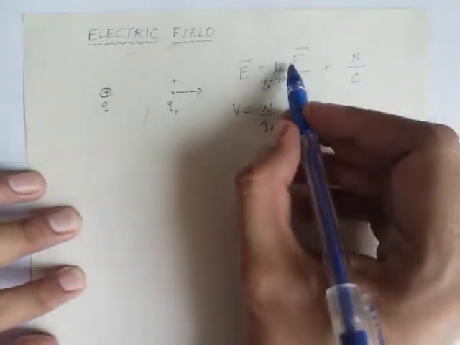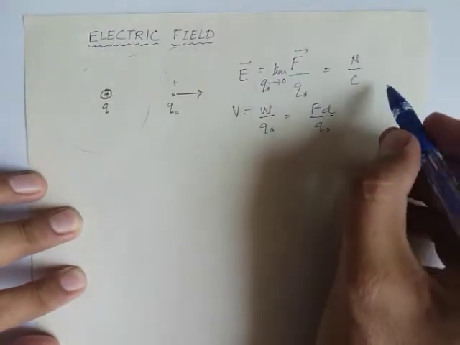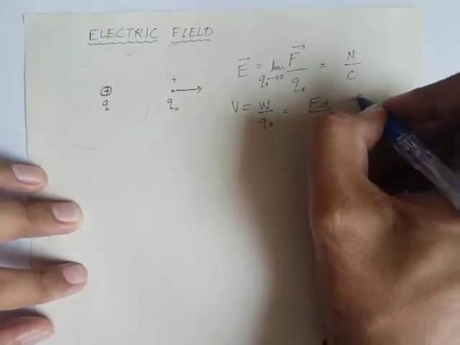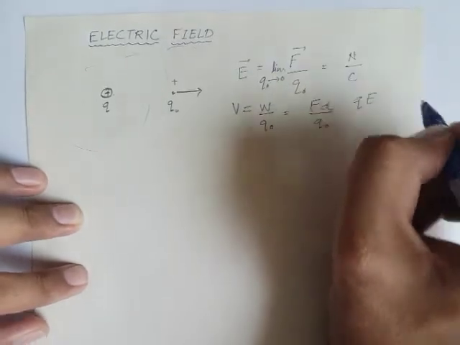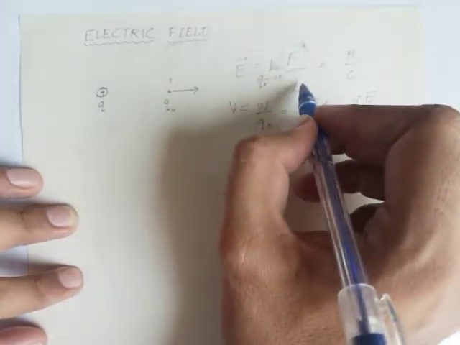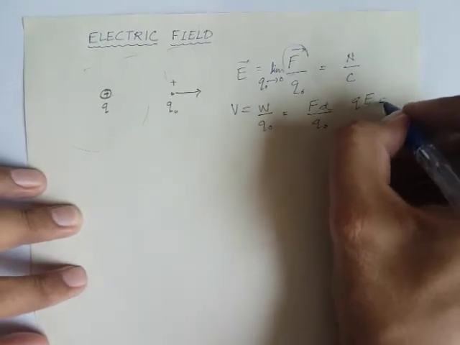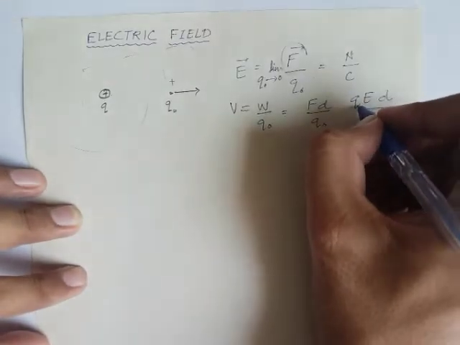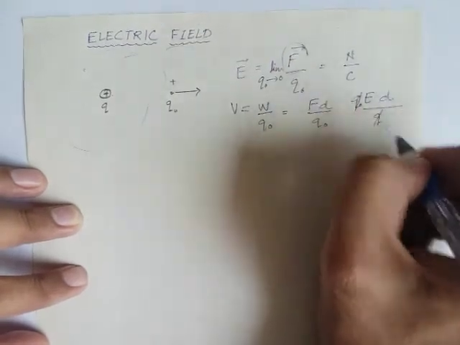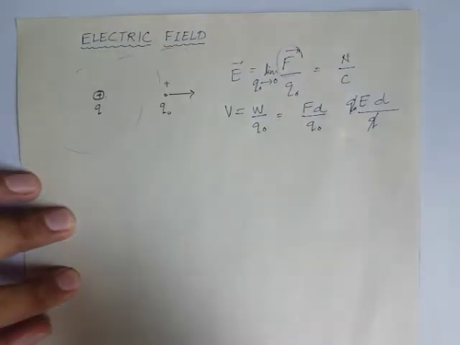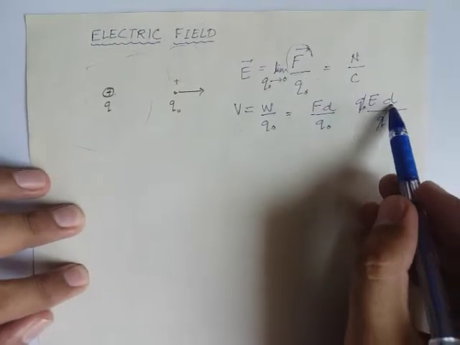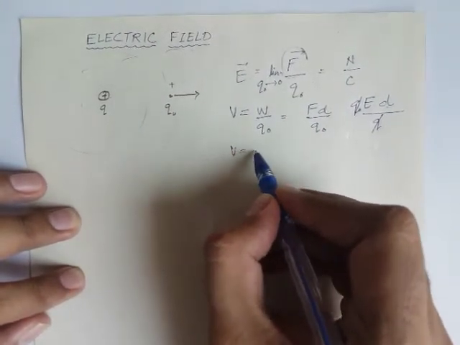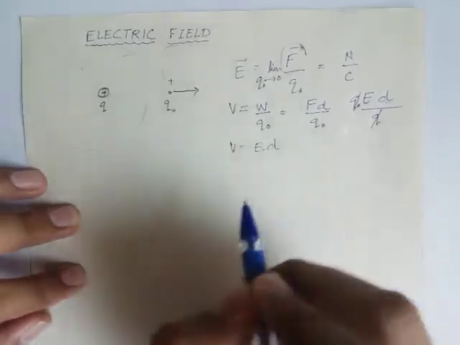And force, from the above formula, can also be written as QE. F is the subject, then F equals QE, and divided by the test charge, we cancel it out, then we get E into D. Then voltage can also be termed as E into D.